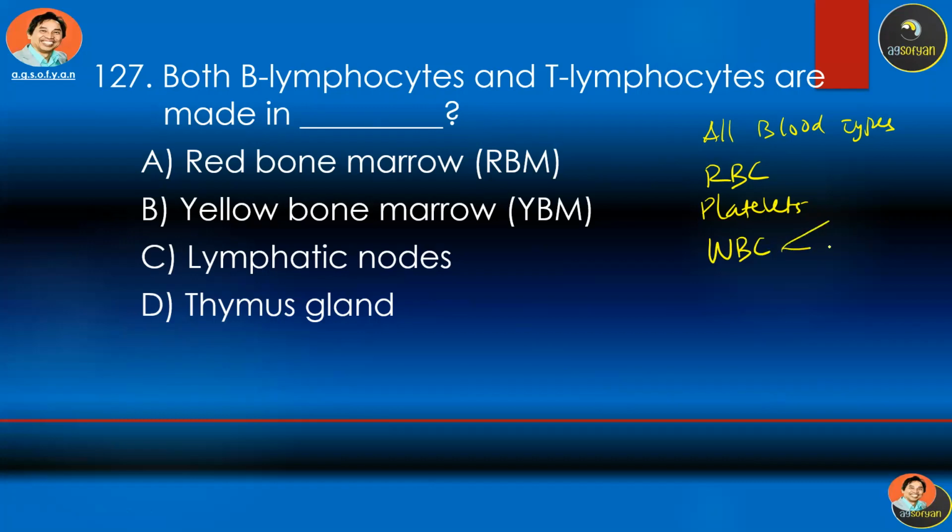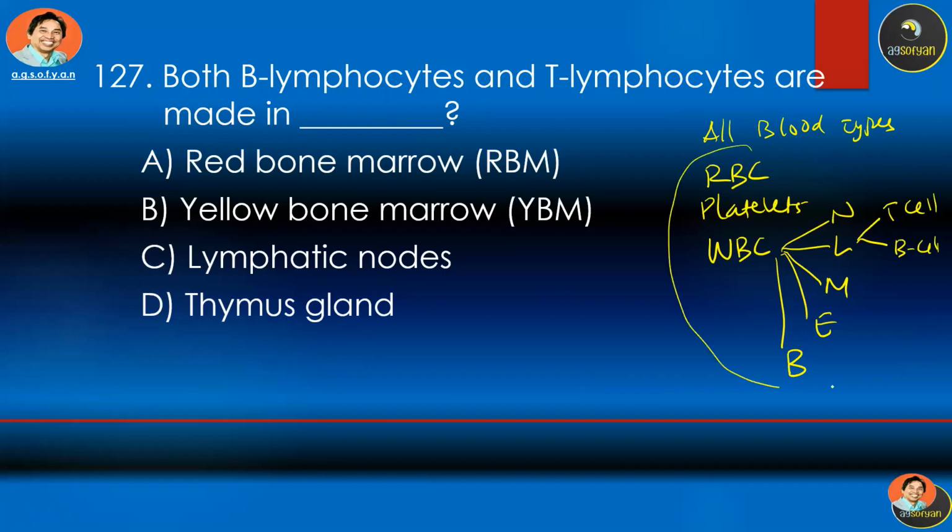This white blood cell has 5 types: neutrophil, lymphocyte, monocyte, eosinophil, basophil. Never let monkey eat banana. That's the sequence. And lymphocytes consist of T cell and B cell. All of these are made in red bone marrow in our bones. So red bone marrow.